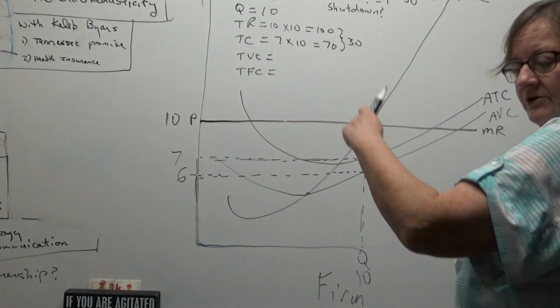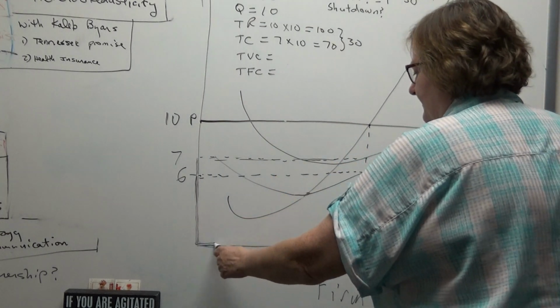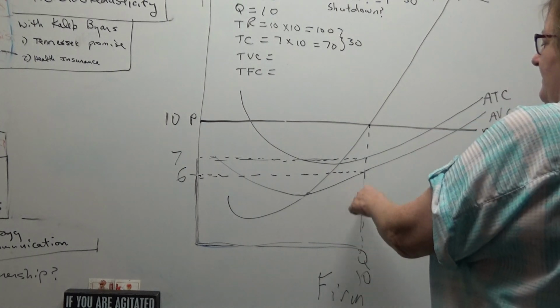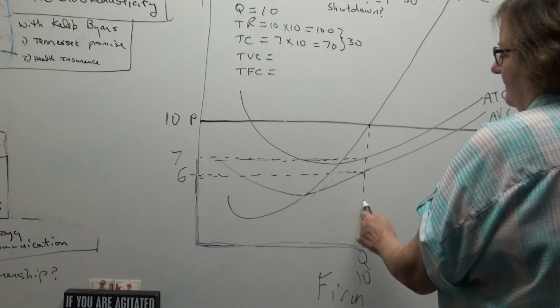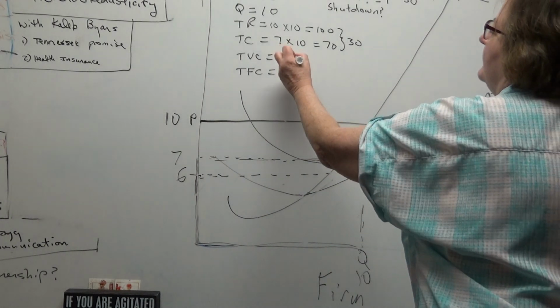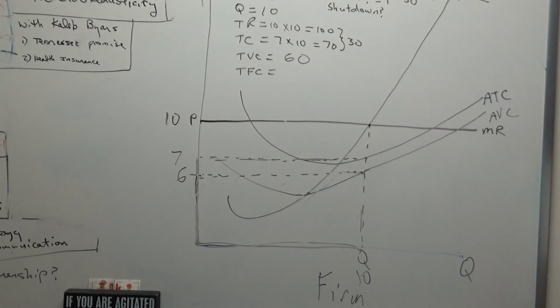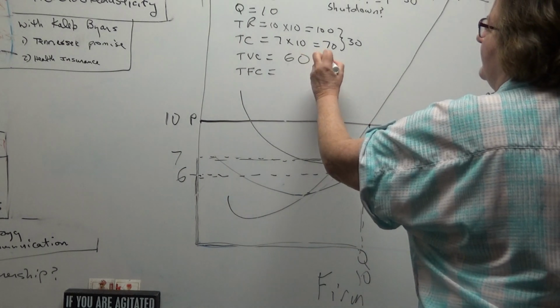So we take the average times the quantity, gives us the total, right? So here's the quantity. Average tall times quantity wide gives us this rectangle. 60, and that was 6 times 10.